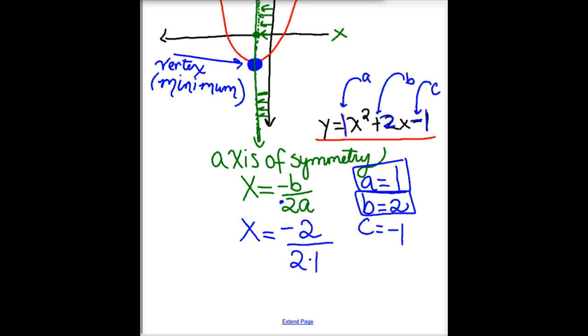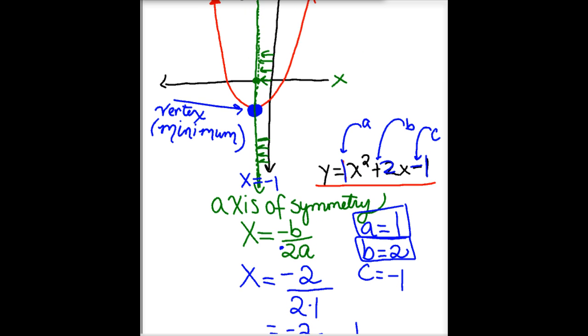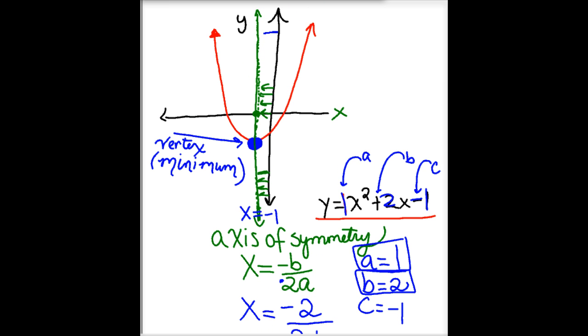And then I do the arithmetic and I get negative 2 over 2, which equals negative 1. So I would say my axis of symmetry is x equals negative 1. It's kind of like it looked like on my graph. What that means is 1 to the left, 1 to the left, 1 to the left. This line is where all the x's are negative 1.